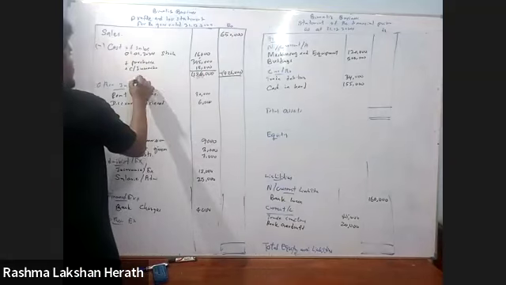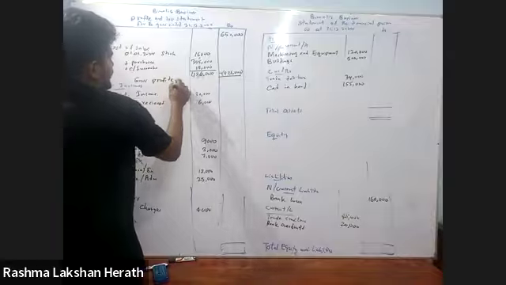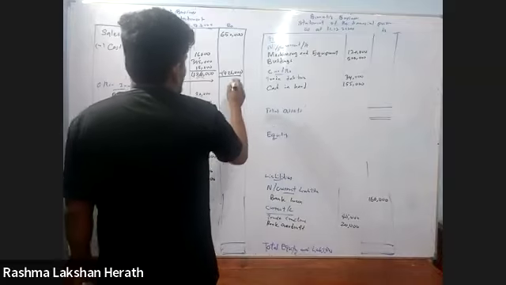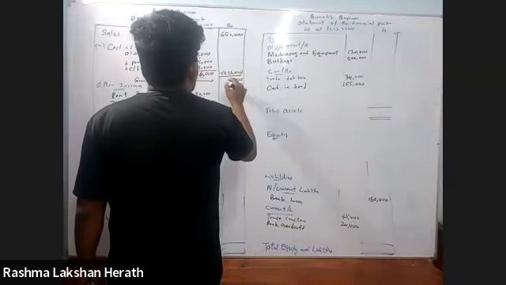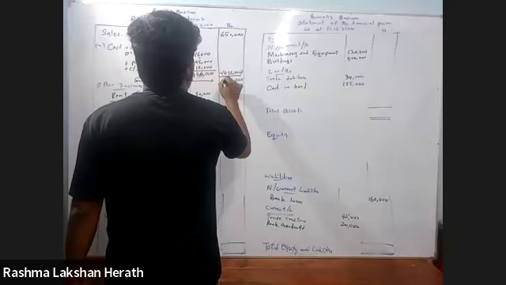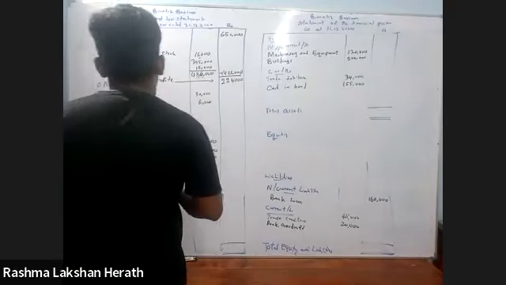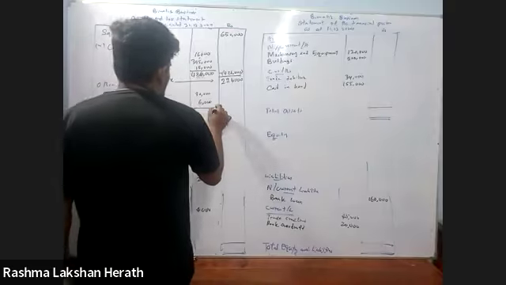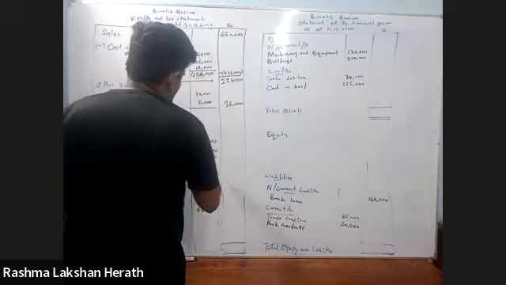Then the gross profit is 224,000. Then the other income is 36,000, right?